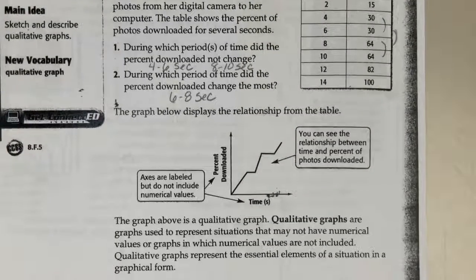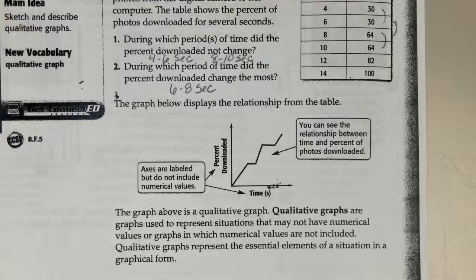So it says the graph above is a qualitative graph. Qualitative graphs are graphs used to represent situations that may not have numerical values or where the values are not included. So as it says, the qualitative graphs represent just the essential elements of a situation in graphical form. So if you needed big details about numbers or numerical values, this probably wouldn't be the graph for you.